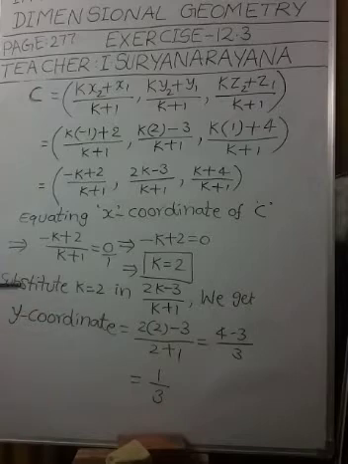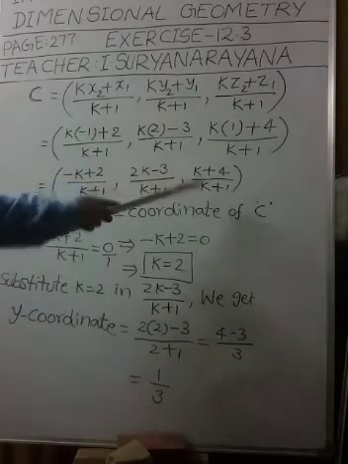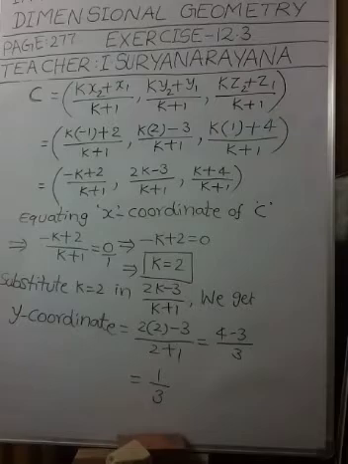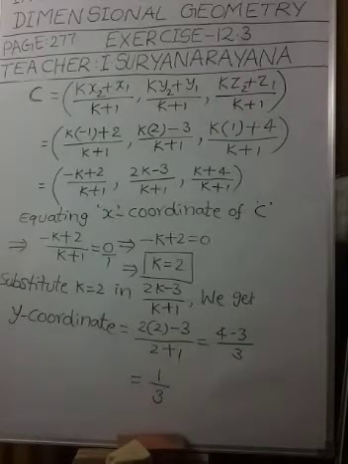Similarly, let us find the z coordinate by substituting k is equal to 2. Okay, my children? Understood? Right.